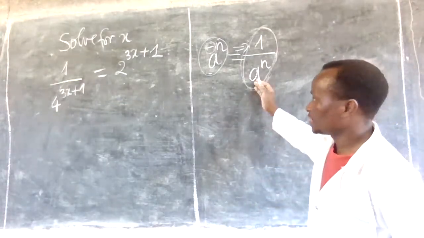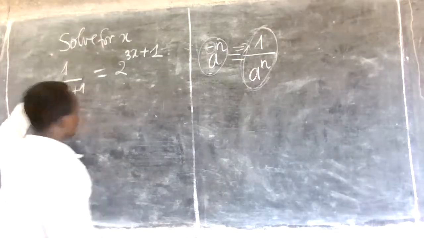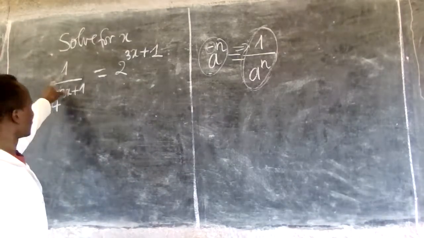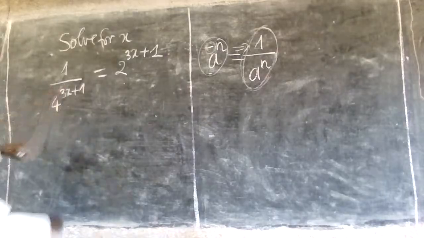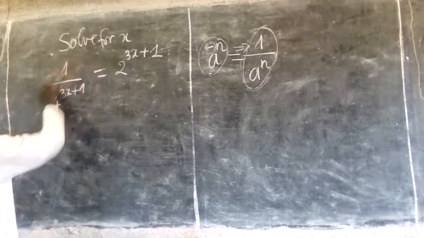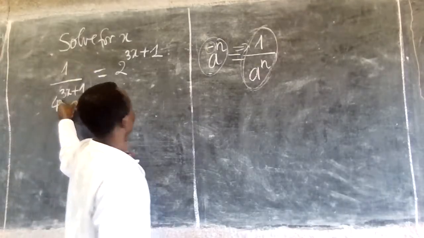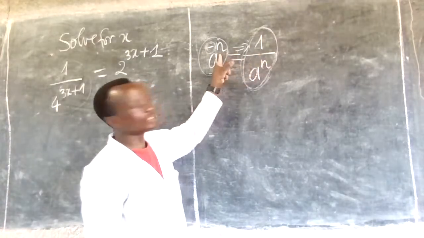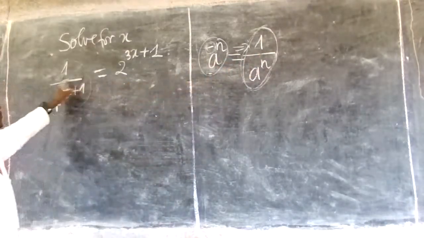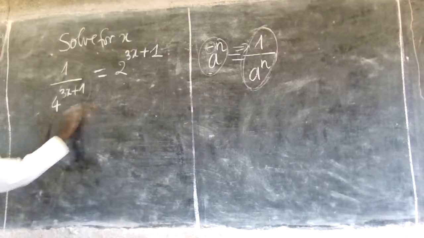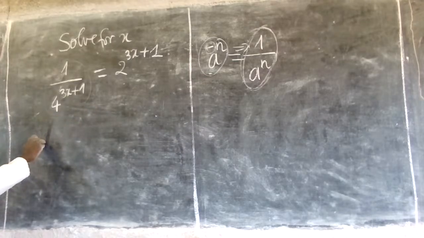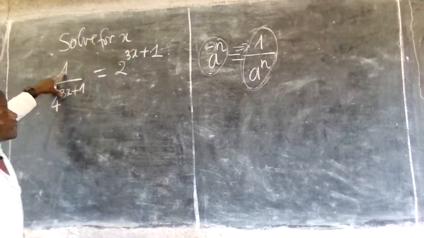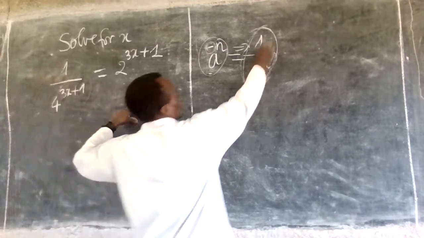So now it is what you are going to apply on this equation. This is what you are going to use on this question. We are going to change this one. It is similar to what you have here.